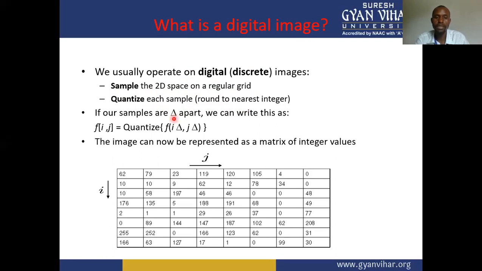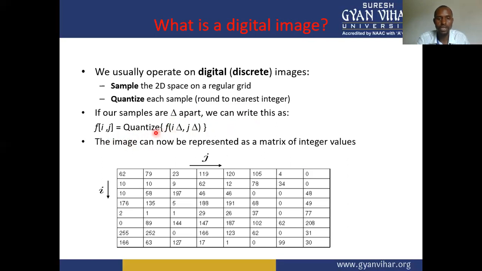So if our samples are far apart, we can write this as f of i comma j, which is now given by the quantization of f of change in i comma change in j. i and j are just the indices along the x and y axes.